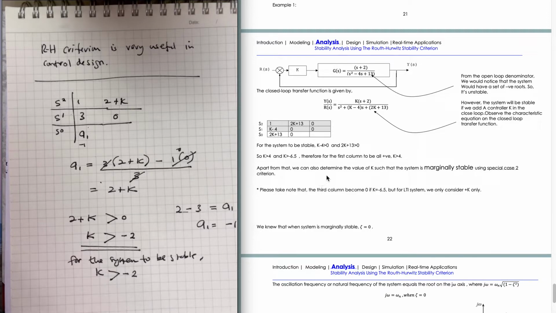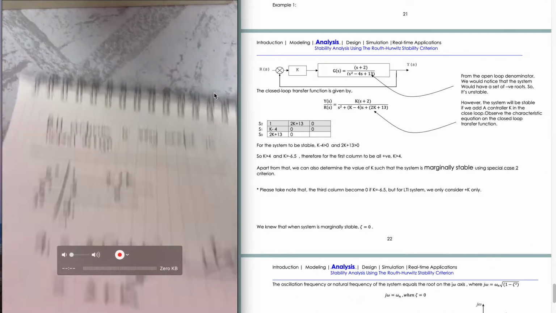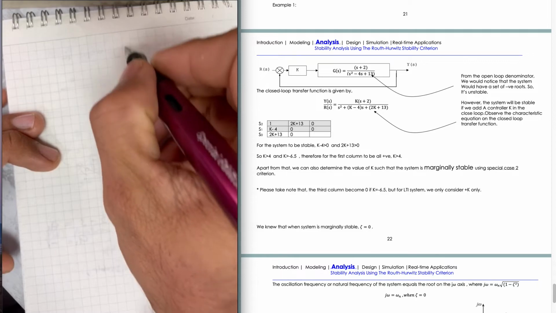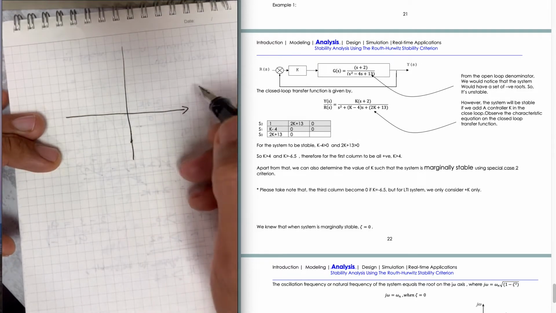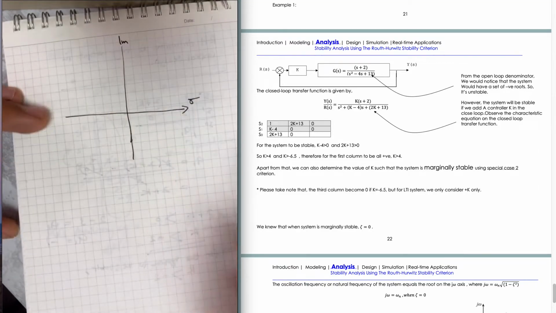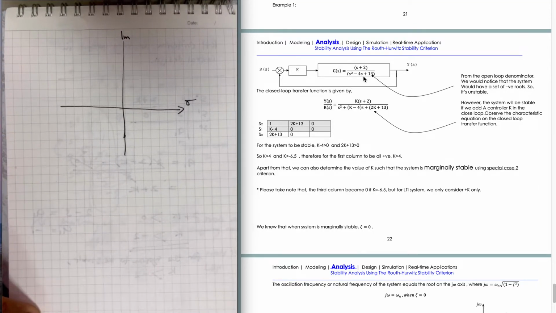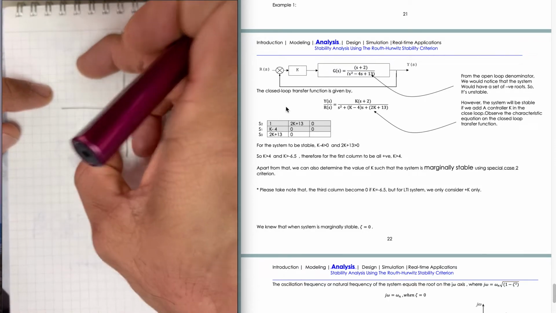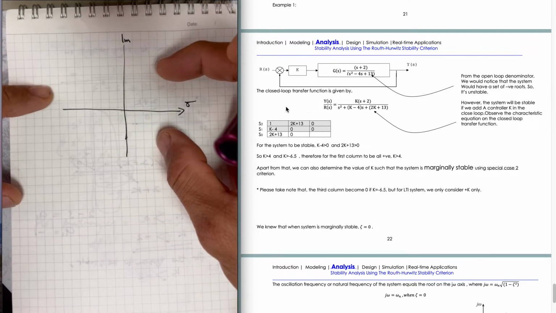Apart from that, we can also determine the value of k when the system is marginally stable, because as k increases, the system poles, the roots, will actually move from positive to negative. That's why the system is called unstable. Based on this, we know that a certain value of k will make the roots shift to the left-hand plane.